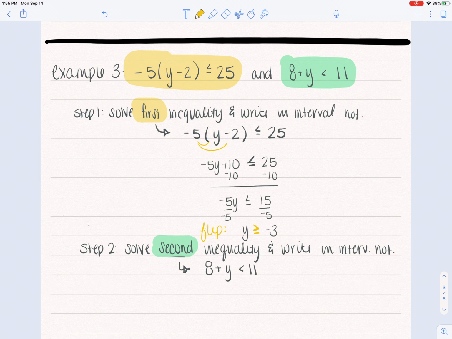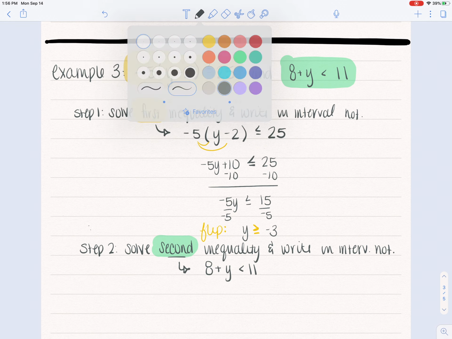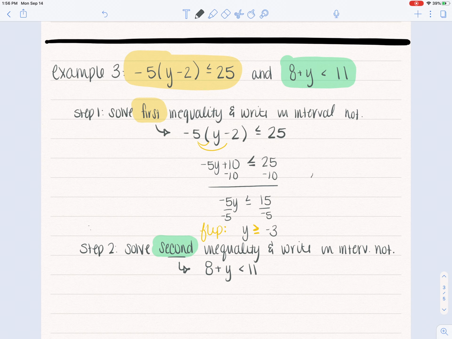Now they asked me for interval notation, and so I am going to go through the graph. So there's 0, there's negative 3. I'm going to put a bracket on negative 3 and then shade to the right. So my interval will be negative 3 with a bracket to positive infinity.